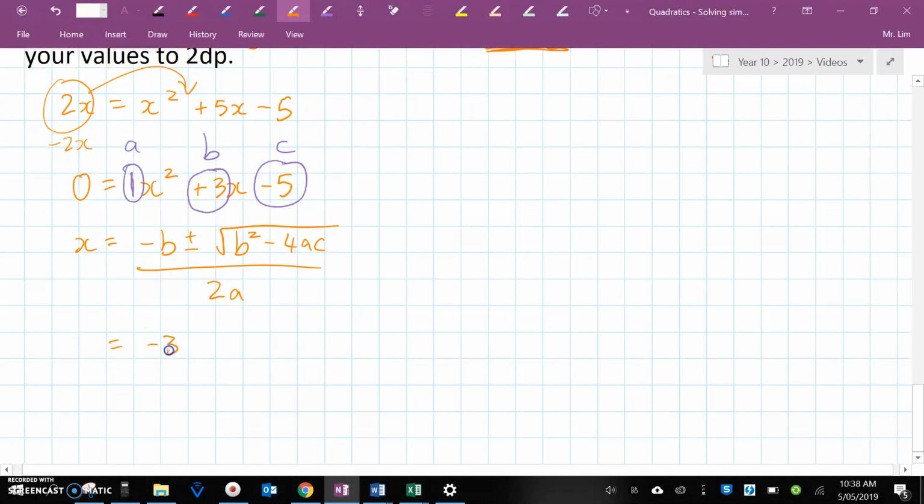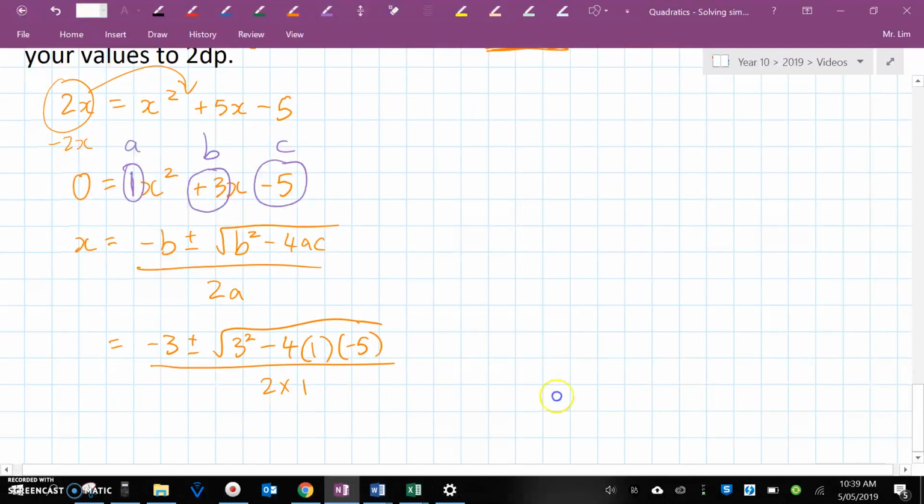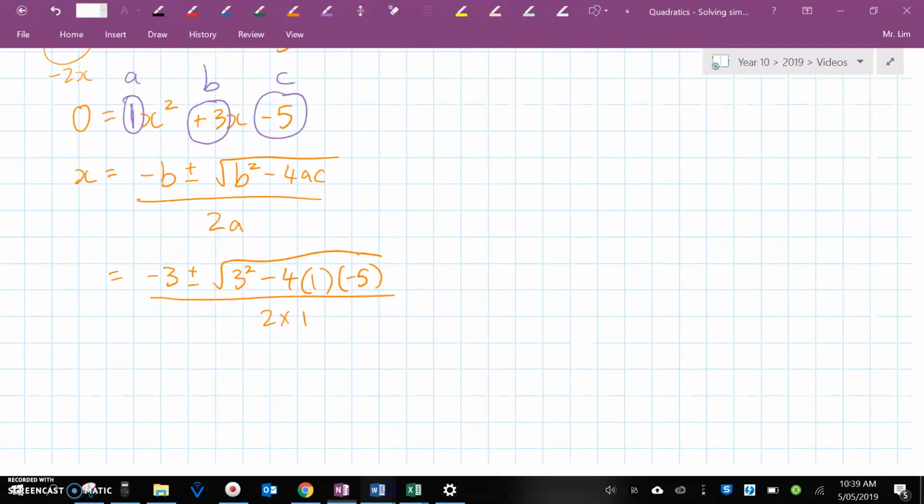Minus 3 plus or minus the square root of 3 squared minus 4 times 1 times minus 5 all over 2 times 1. Let's see what that equals.